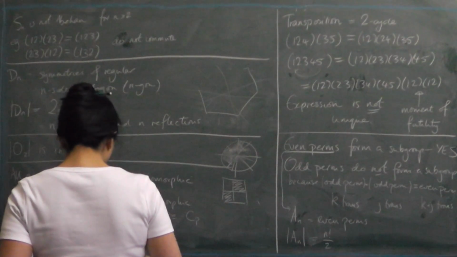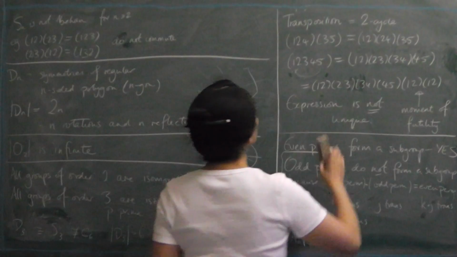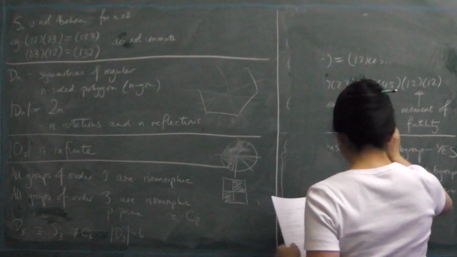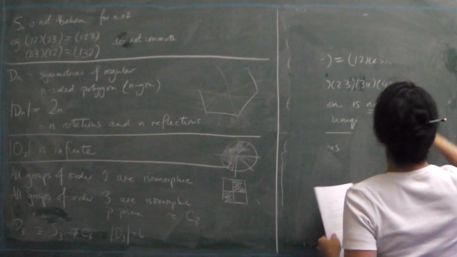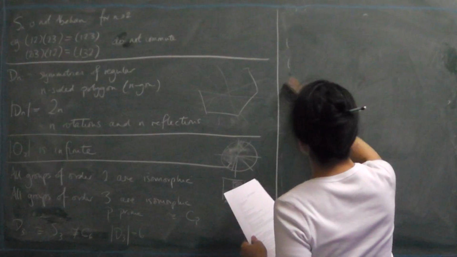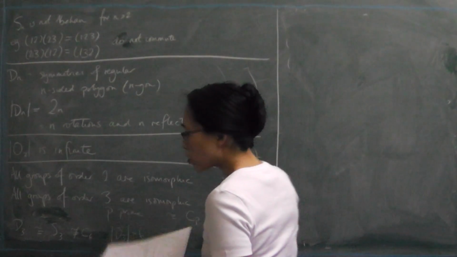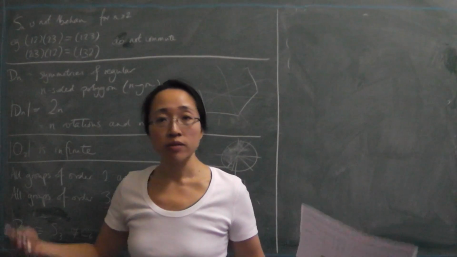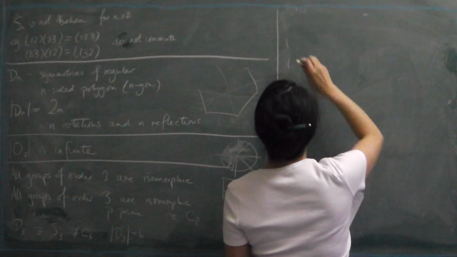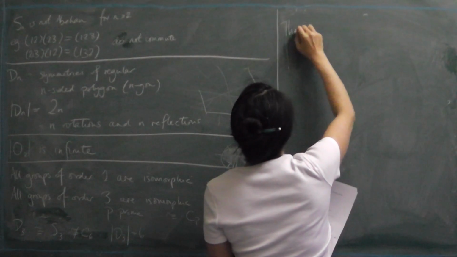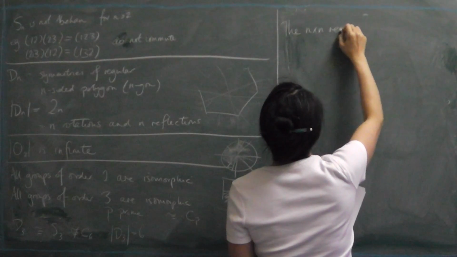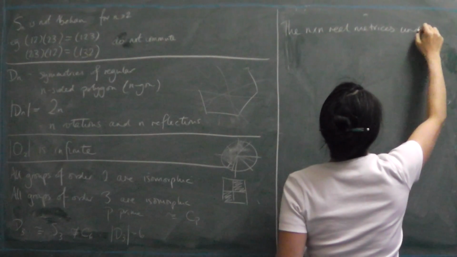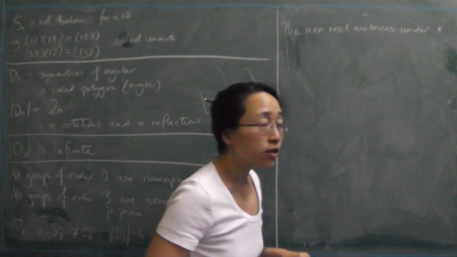Right. And the last example, 4.1.8, we have here is groups of matrices. Do the n by n real matrices form a group under multiplication? The n by n real matrices under multiplication do not form a group.